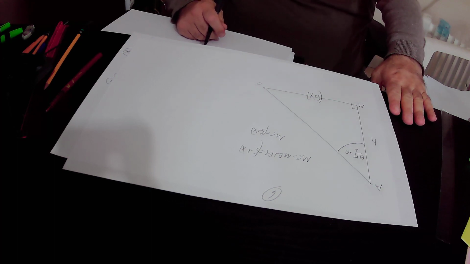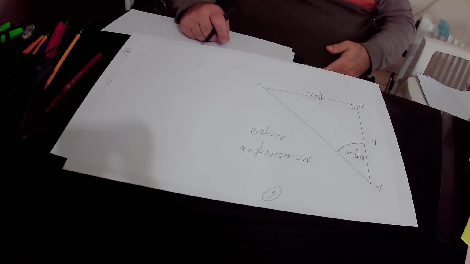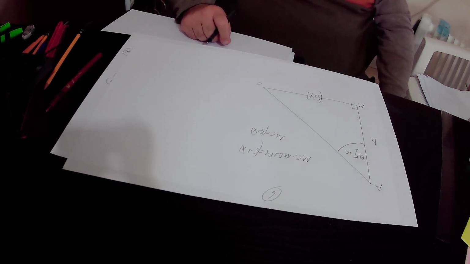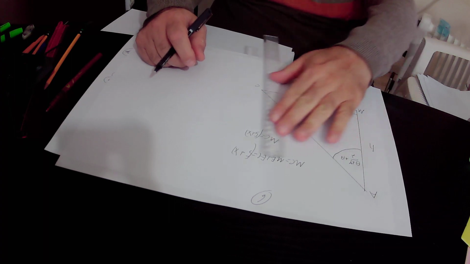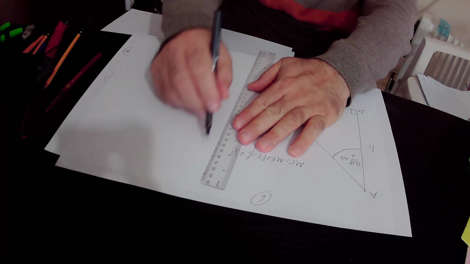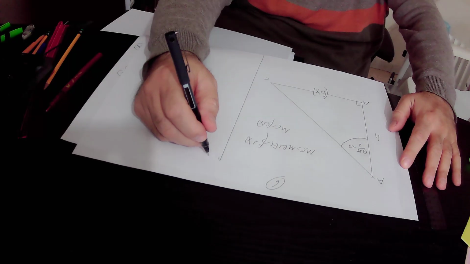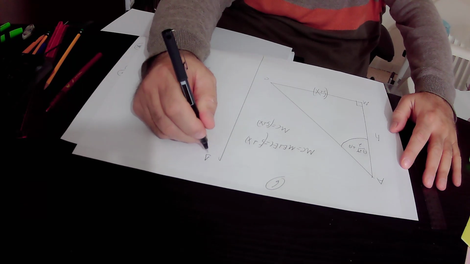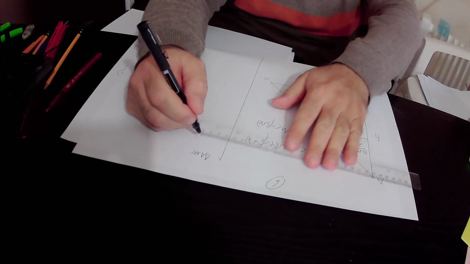And we will also find the missing angle ACM, according to the rule that the sum of the angles in any triangle is equal to 180 degrees. Especially in the right triangle AMC, the sum of its angles is equal to 180 degrees.